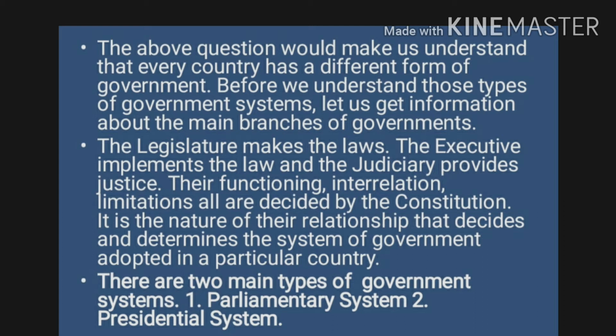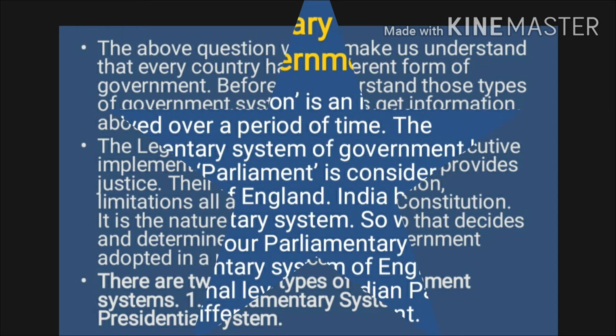It is the nature of their relationship which decides which system of government we should adopt in our country or in any country. Looking at these organs, the Indian Constitution has adopted the parliamentary system of government. So there are two types of government: parliamentary system and presidential system.